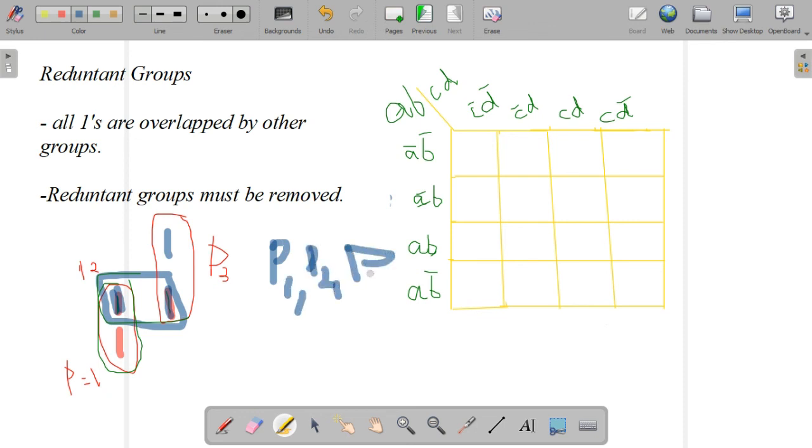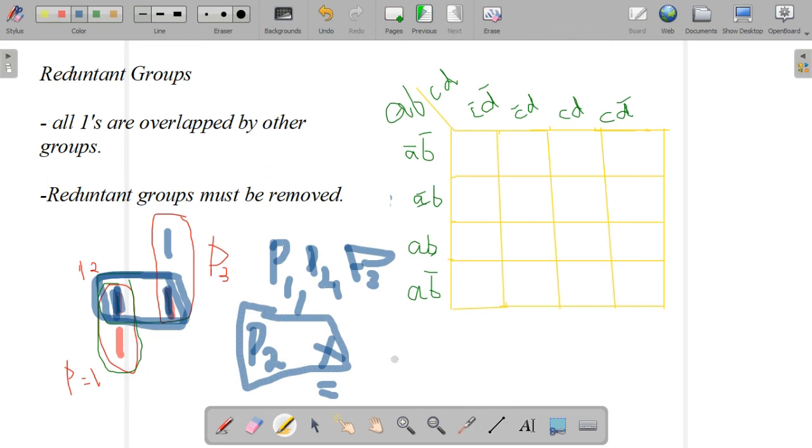The first one is overlapped by pair 1. The second one is overlapped by pair 3. So we can't consider pair 2, the redundant group. P1, P2 and P3 are the 3 pairs we got as per the pair reduction rule. Next we have to check, is there any redundant group?